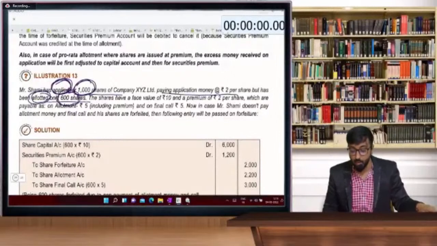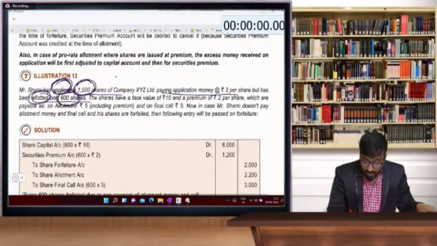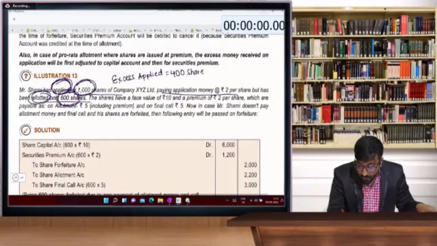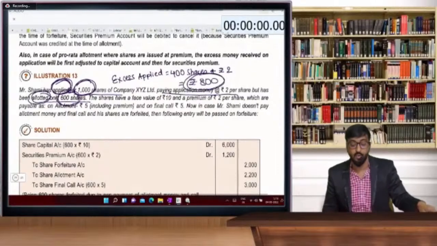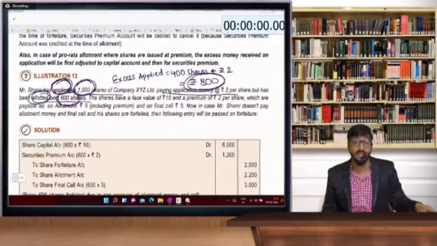So he applied for 1000 shares, but he was allotted 600 shares. So what are the excess shares he applied? Excess applied 400 shares. And how much rupees has he paid extra? 2 rupees, so rupees 800 extra. Rupees 800 excess.